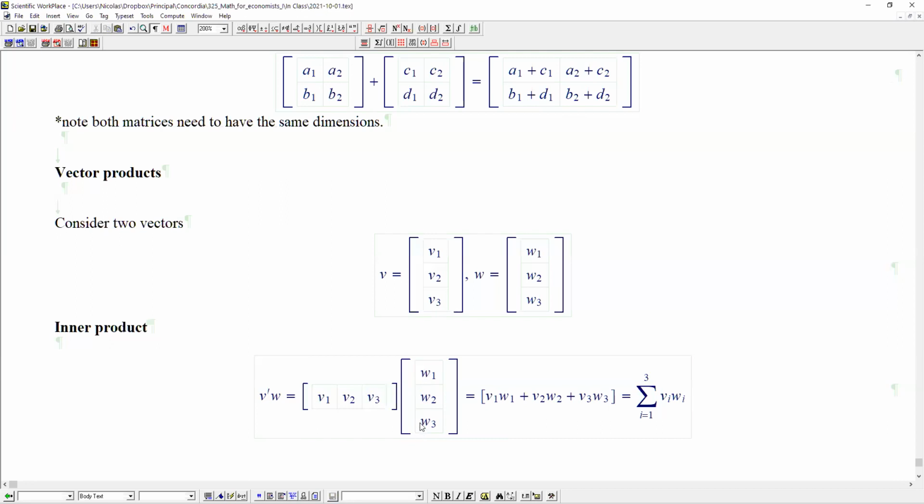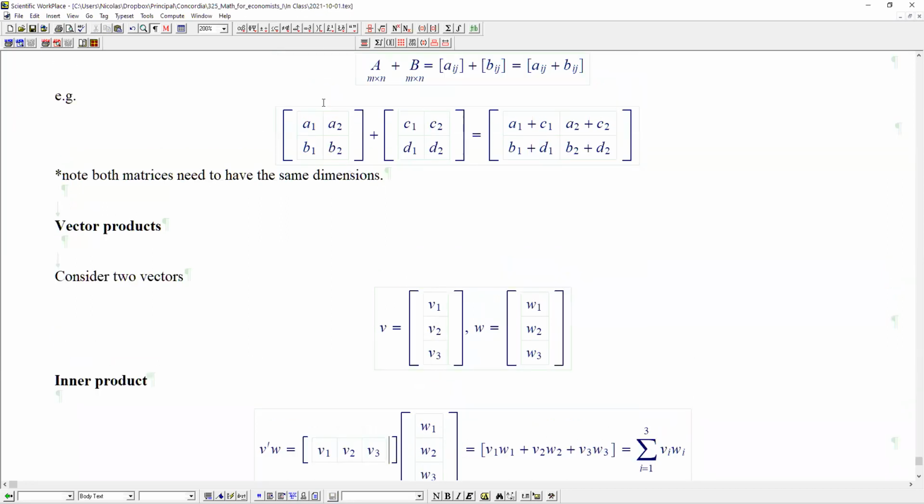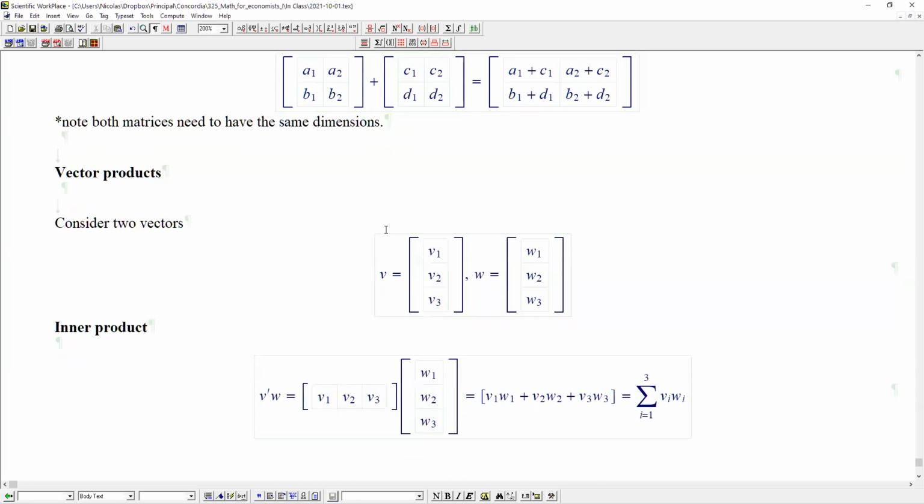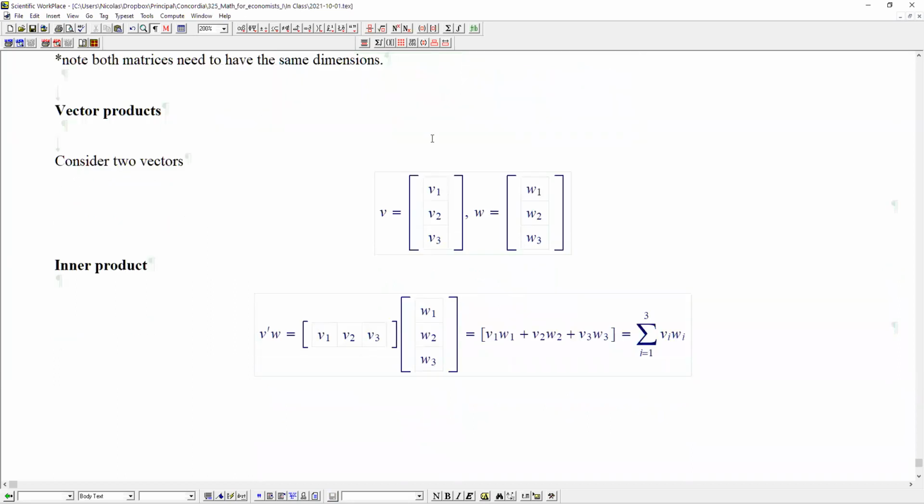So does it work? No, because I have to have the same dimensions on both of them. So no, it doesn't work. All right, so that's the inner product. And of course, one condition again: both vectors need to be the same length.